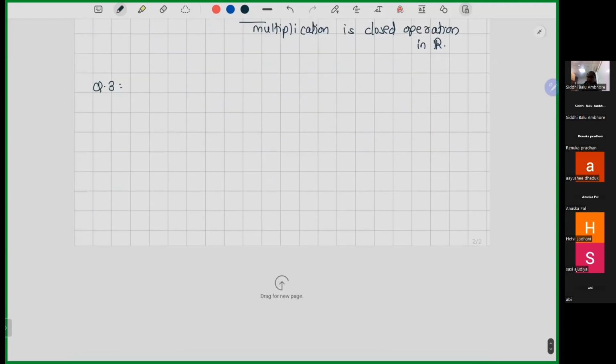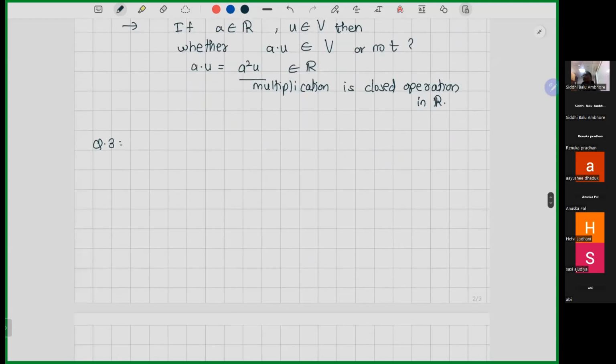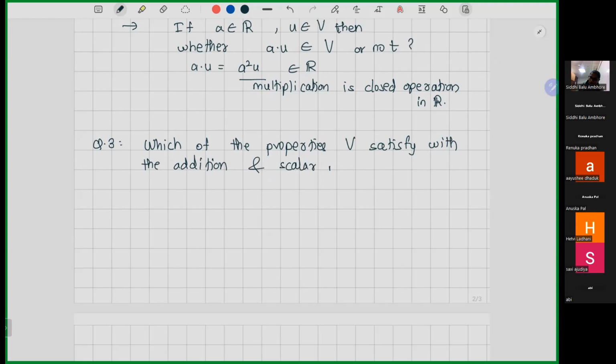Question 3 is again related to the above set V and the operations we defined. We would like to check which properties the set V satisfies with the addition and scalar multiplication defined as above.